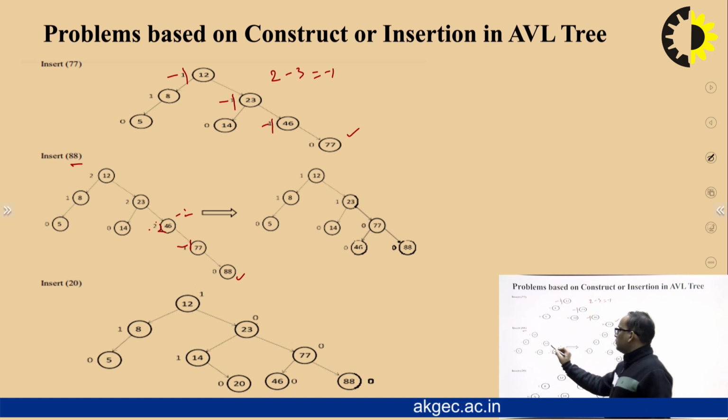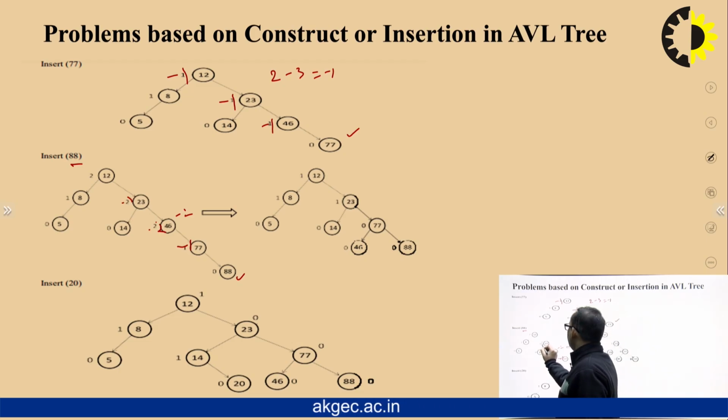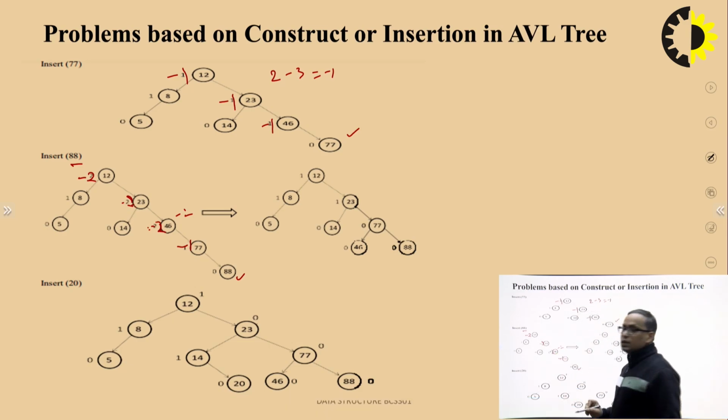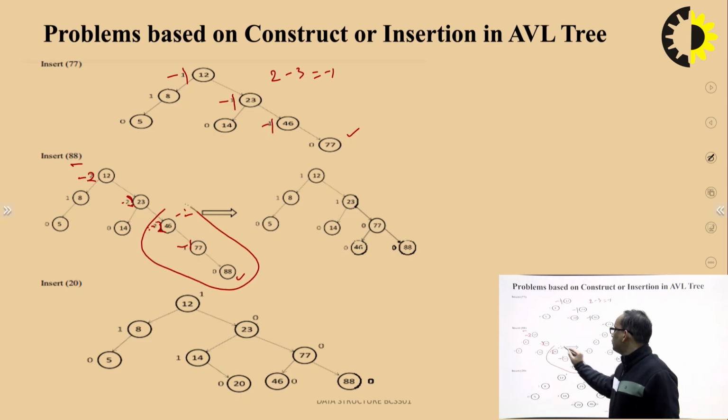Again, balance factor of 23 will also be -2, and balance factor of 12 will also be -2. So in this case 3 nodes have balance factor -2: 46, 23 and 12. So we need to make it balanced. This is the unbalanced tree. We make the tree balanced in context to 46 first.